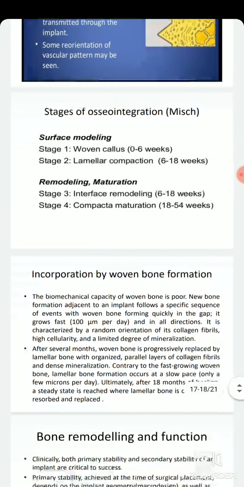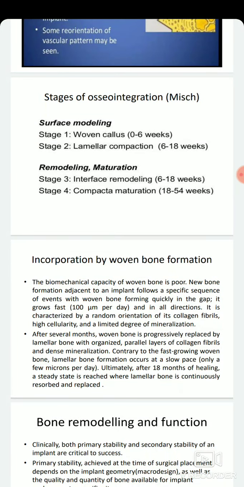The stages of osseointegration are named surface modeling and remodeling maturation by Carl Misch, who divides them into various stages. Stage 1 is woven callus formation, at 0 to 6 weeks, and stage 2 is the lamellar compaction phase, which lasts for 6 to 18 weeks.